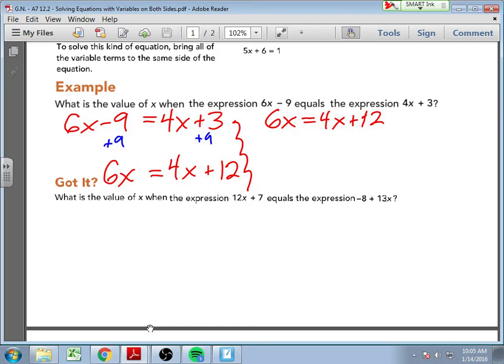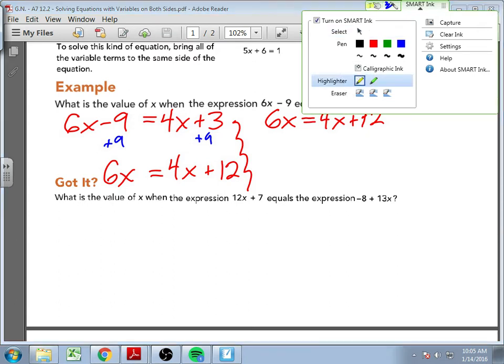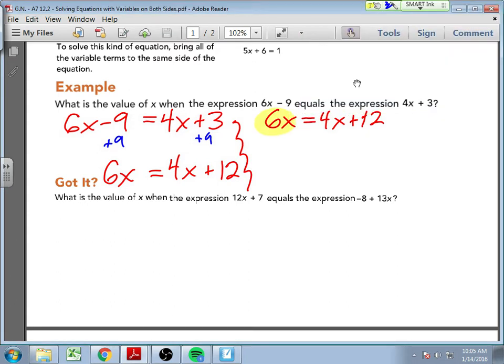Leah, what would we do next? Subtract. Subtract what? X. Yeah, but how? So now my left side, I've decided, is my variable side. So I want to get this variable value with it. So we don't just subtract x, we subtract 4x, to get this to come over here and join up with my other variables.